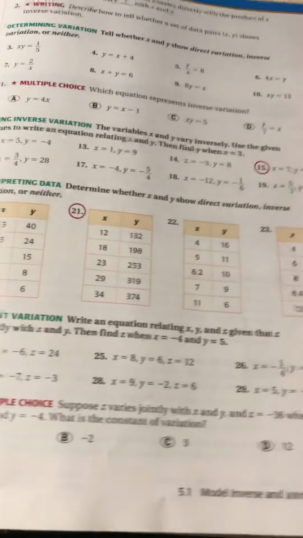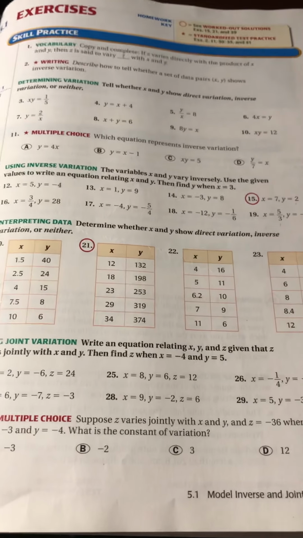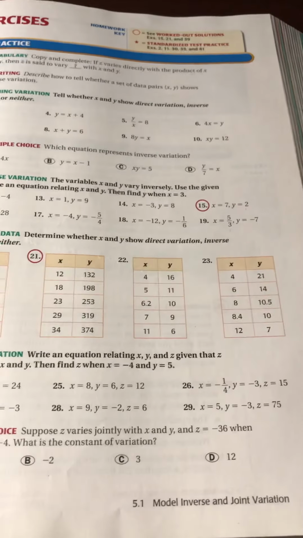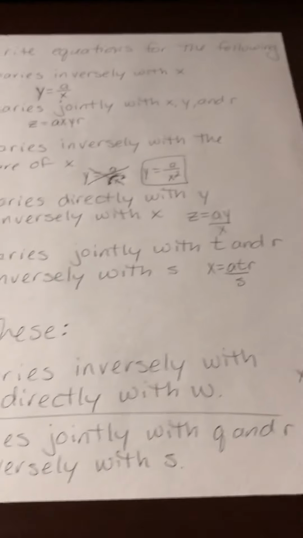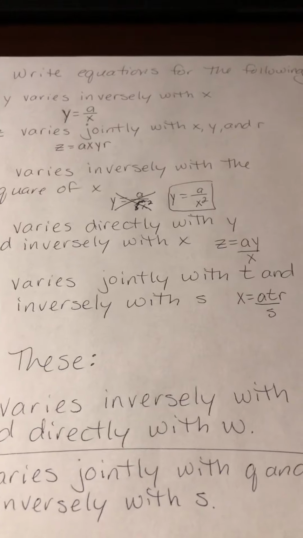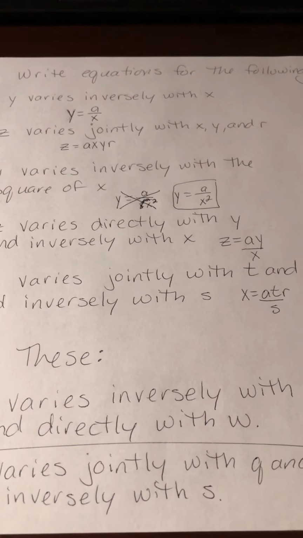So you will try those, and then tomorrow as your bell ringer, I will have a Google form in which a few of these will be selected, and you will enter your answers, and then I will check for understanding before we move on to something else.